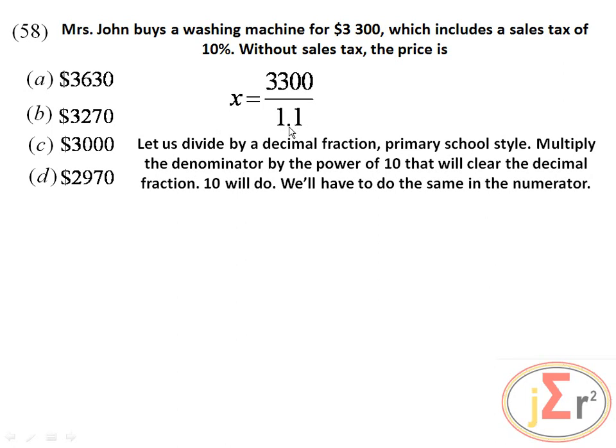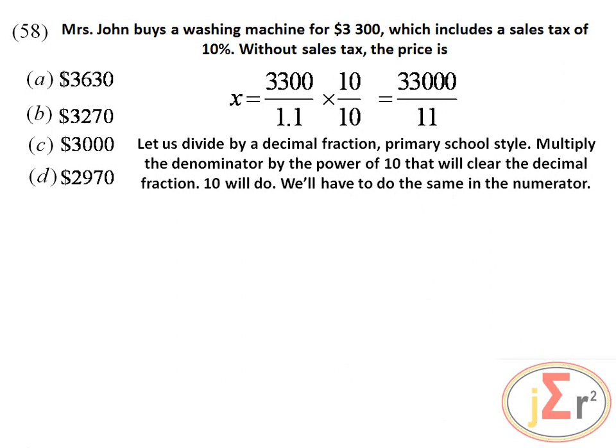We clear the decimal fraction by multiplying by the power of 10 that it requires for us to get rid of this decimal place. We have one decimal place, so we multiply by 10. And we are required to do the same in the numerator. So if we multiply the denominator by 10, we will also multiply the numerator by 10. Like that, we end up with 33,000 divided by 11.